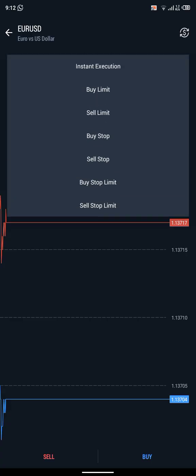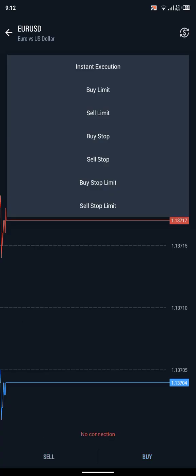Yeah. With buy limit, you are saying there's a particular price you want the price to fall to so that you can buy from there. You're basically telling your broker, once the EUR/USD market falls to this particular price that I am choosing right now, put me into the market, open the trade, put me into the position.